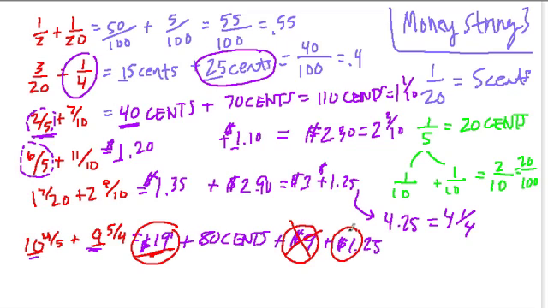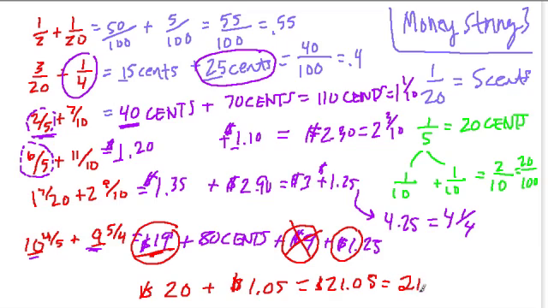So 19 and $1 is $20. Plus 80 cents and 25 cents, so that's another $1.05. Altogether, that's $21.05. What's that as a fraction? Well, 5 cents is a nickel, and that as a fraction is 1/20. So this is 21 1/20.